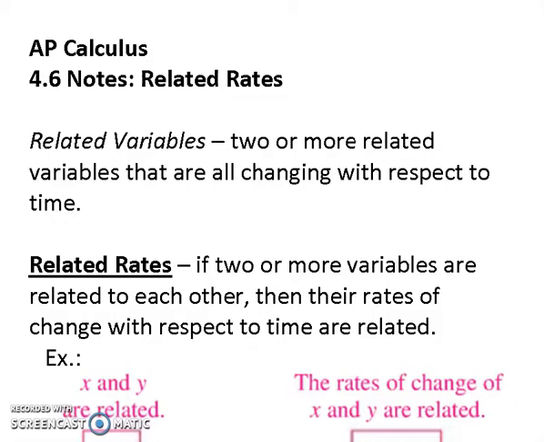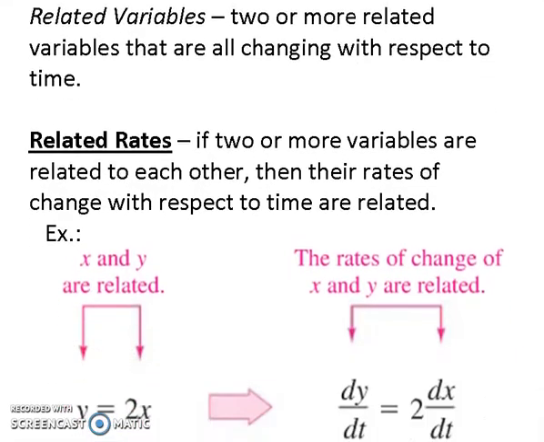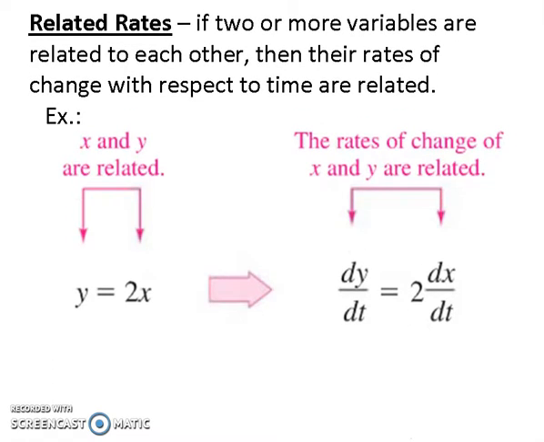So really related rates are just implicit differentiation, but everything is going to have to be converted to a derivative with respect to time. For example, here I have just a simple equation, y equals 2x. If I take the derivative of that, the derivative of y is 1, but I need to convert it to be with respect to time, so it would be 1 dy/dt.